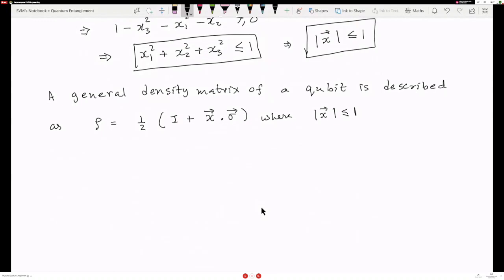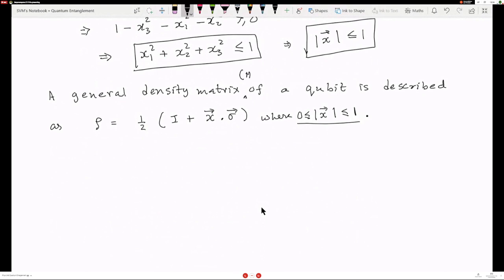The lower limit of the magnitude of the x vector has to be greater than or equal to 0. So this is 0 less than or equal to modulus x less than or equal to 1. So this is the complete description of a general mixed state, a general density matrix, which is basically a mixed state. The general qubit mixed state is written by a density matrix.